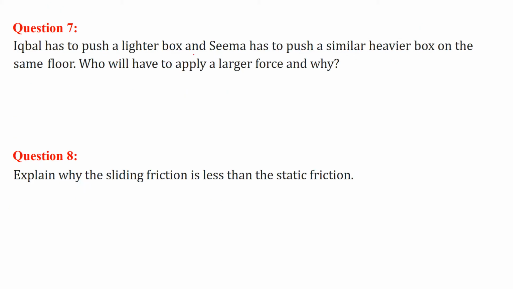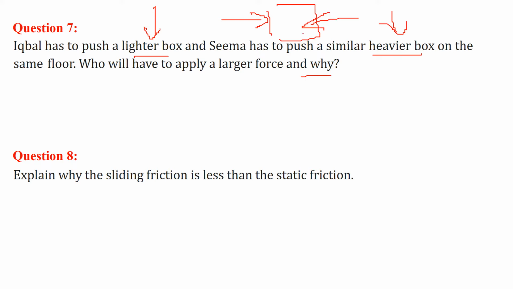Iqbal has to push a lighter box. The box is lighter, meaning the weight is less, and Seema has to push a similar heavier box. The weight is higher than the lighter box, on the same floor. Who will have to apply a larger force and why? See, if this is a box, then the force of friction acts in the opposite direction, in proportion to the mass or weight of this object.